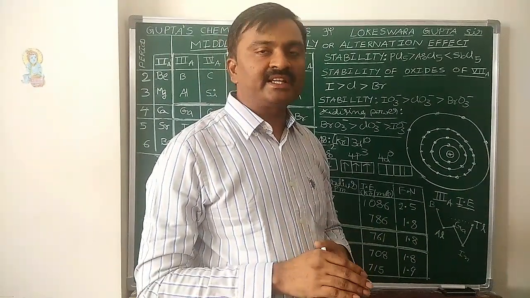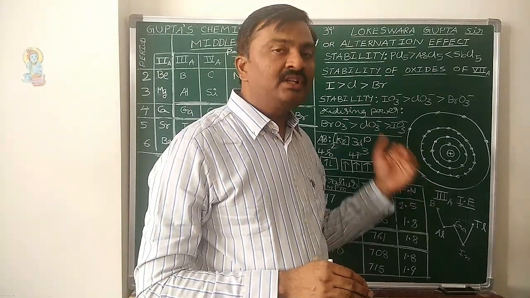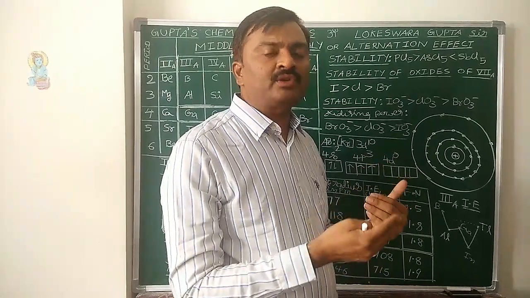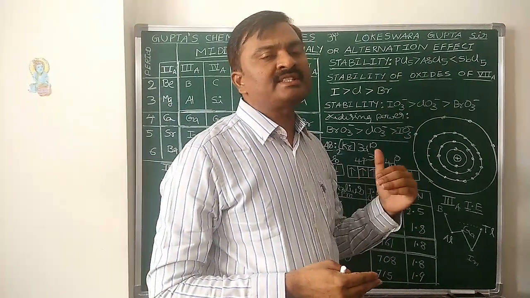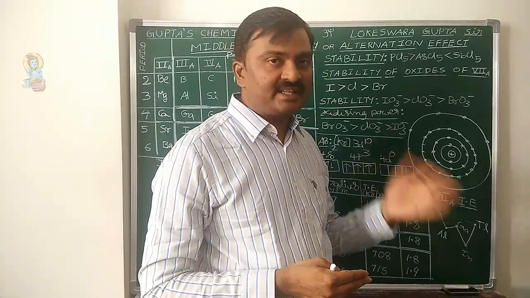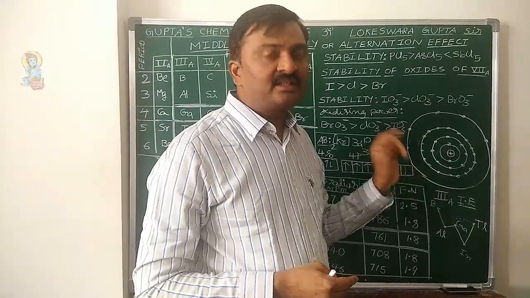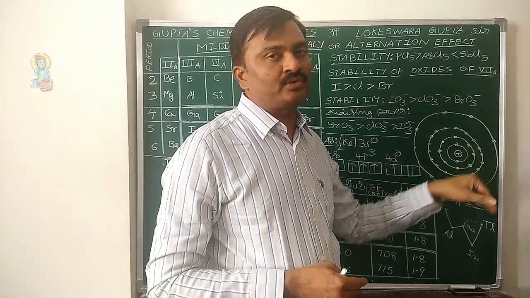If the screening effect is more, they reduce the nucleus attraction over the outermost electrons to a greater extent, so the nucleus attraction over the outermost electrons is less. If the screening effect or shielding effect is less, then the nucleus attraction over the outermost electrons is more.